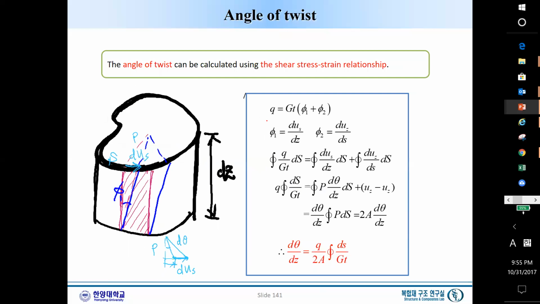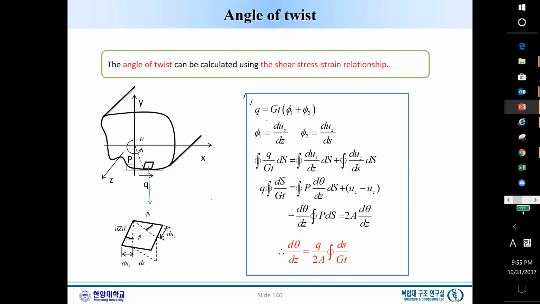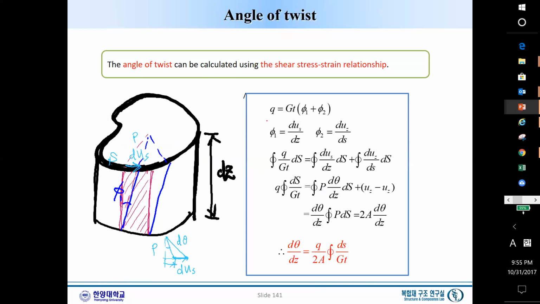Now, the second derivation is about the angle of twist. This is an old slide. This slide was not quite clear, so I had another one. This looks much better. So anyhow, what we would like to have is the angle of twist, d theta over dz.